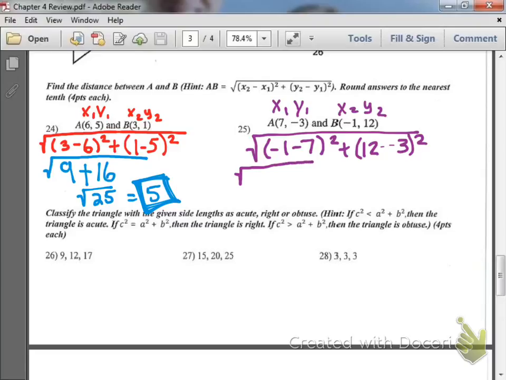Negative 1 minus 7, that's negative 8, and negative 8 squared is 64. 12 minus negative 3, that's 15, and 15 squared is 225. When you add those together, what do you get? 289, and what's the square root of 289? 17. Great. What are your questions?